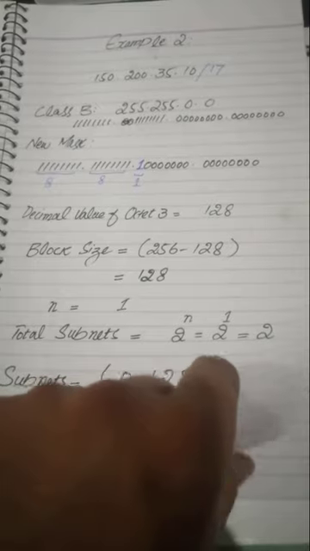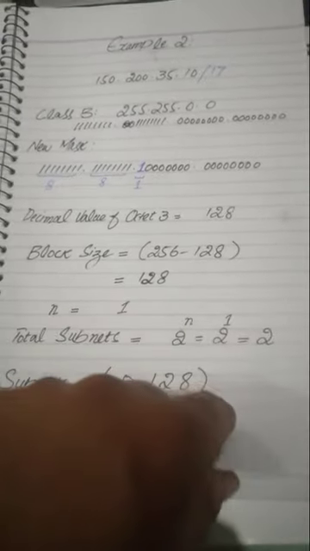So let's move to the host part now. We have a formula for calculating the total number of hosts for each subnet, which is 2 raised to power h minus 2. In this specific scenario we have 17 bits reserved for network, so the remaining bits will be for host.